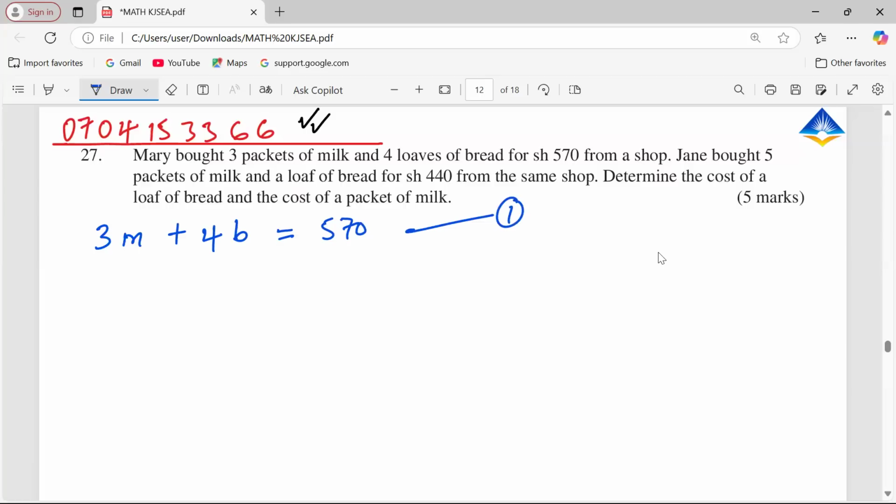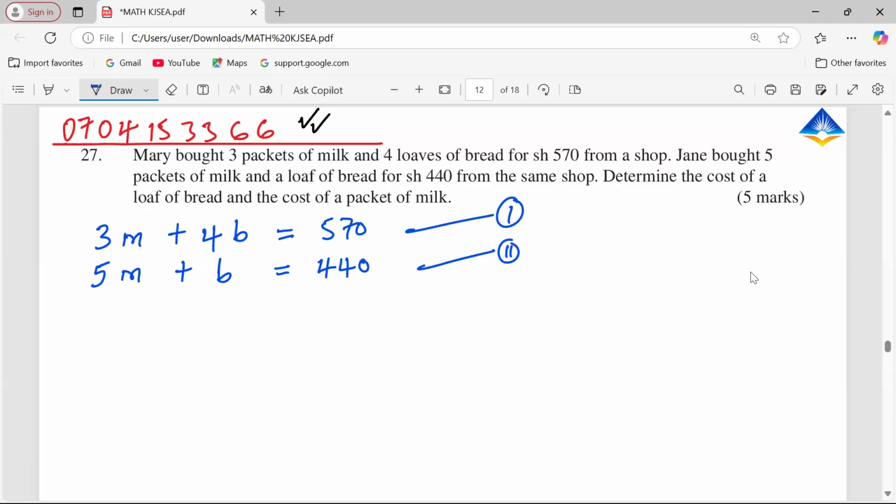Then Jane bought 5 packets of milk, each packet costing M because it's from the same shop, and a loaf of bread, so B, and this totaled to 440. So we have to solve these 2 equations simultaneously to obtain the price of each commodity.